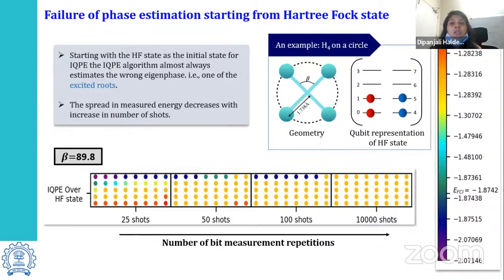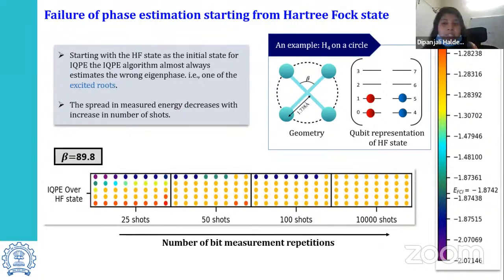I have shown the qubit representation of the Hartree-Fock state for H4 on a circle in the STO-3G basis here. And now, to test if phase estimation leads us to the correct eigenstate if we start from the Hartree-Fock state, we have done a phase estimation experiment 40 times for the H4 on a circle molecule starting from the Hartree-Fock state.